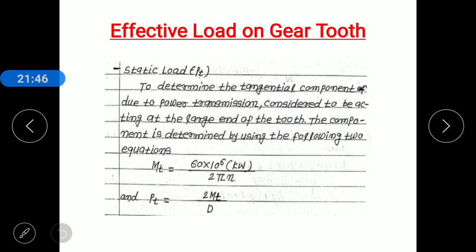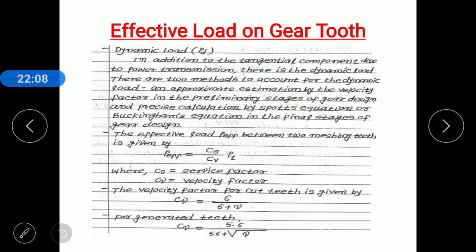Remember that in effective load, the tangential force is determined by 2 Mt divided by d, and when we do the force analysis, the tangential force is found by using the relation torque Mt divided by mean radius rm. Remember that is the difference. This is the static load.